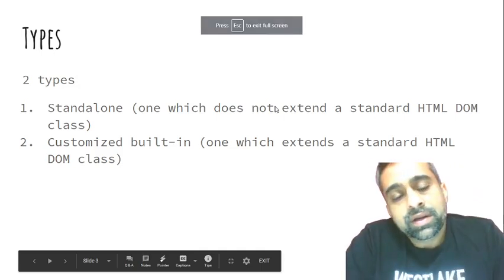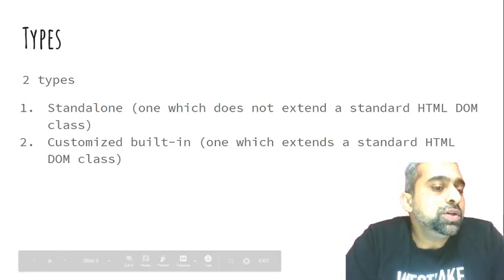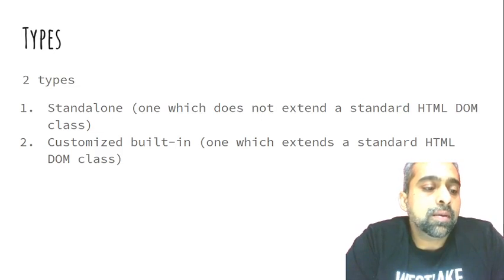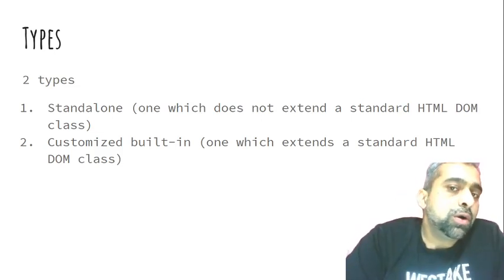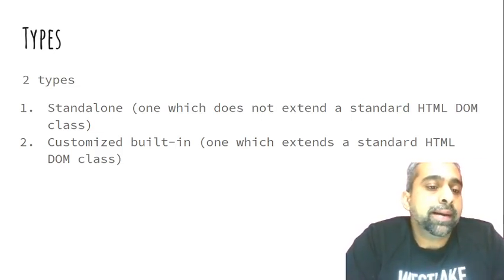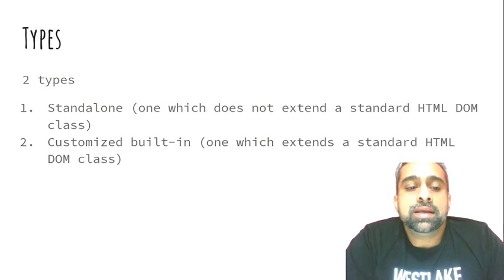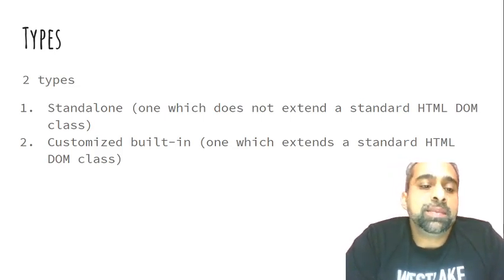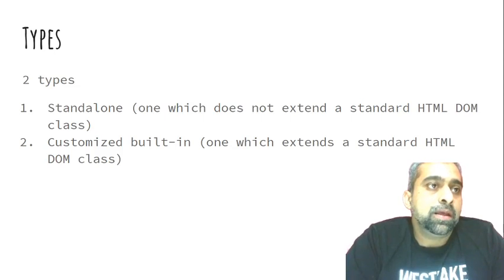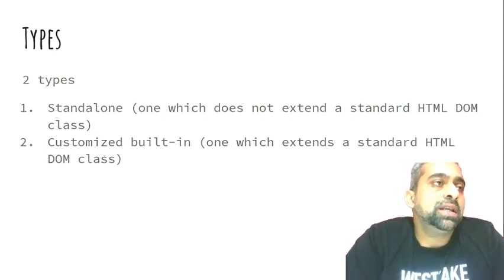There are two different types of web components. One is a standalone component, also called an autonomous component. What that means is it doesn't extend any standard HTML tag. It's standalone. It doesn't extend the functionality of existing tags.